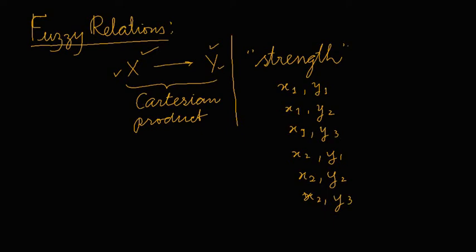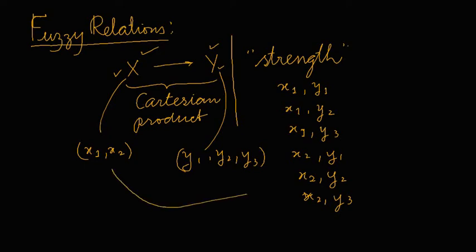We are assuming that in X we have two elements, x1 and x2, and in Y we have three elements, y1, y2 and y3. Then the ordered pairs which are possible are all these ordered pairs.